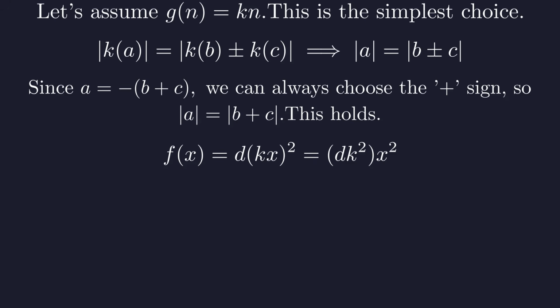Substituting this back into our form for f, we get that f of x is d times the square of kx. Since d and k are arbitrary integer constants, their product d k squared is just another arbitrary integer constant. So our second family of solutions is f of x equals c times x squared for any integer c.